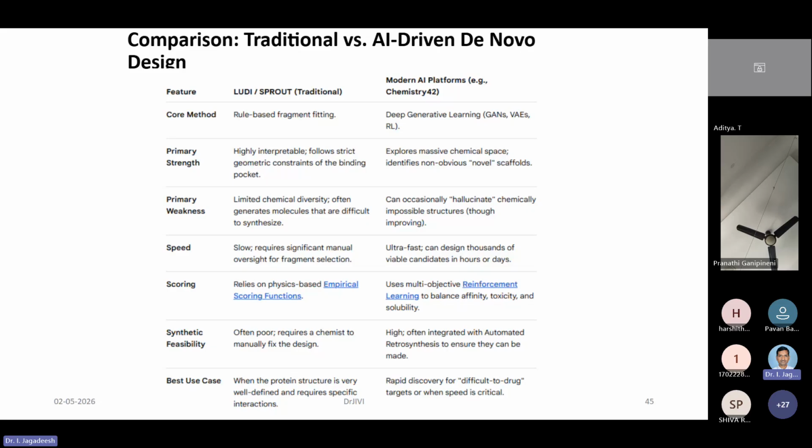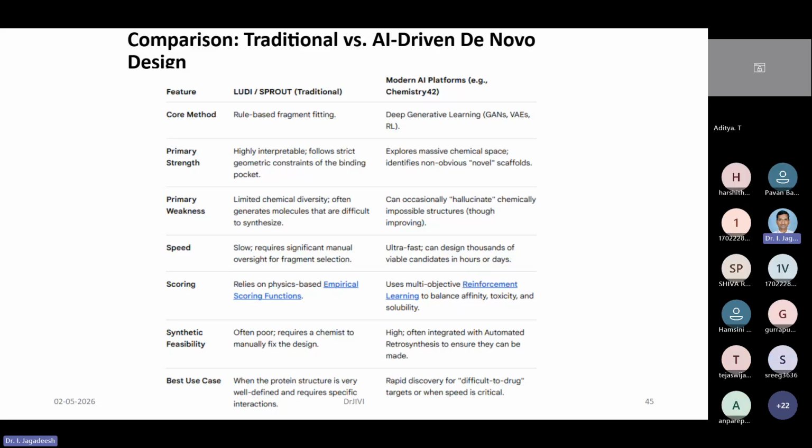Best use case: when the protein structure is very well defined and requires specific interactions, then traditional software like LUDI and SPROUT are good. For rapid discovery and difficult-to-drug targets, where we have nothing known and speed is critical, the modern-age artificial intelligence models will work better.